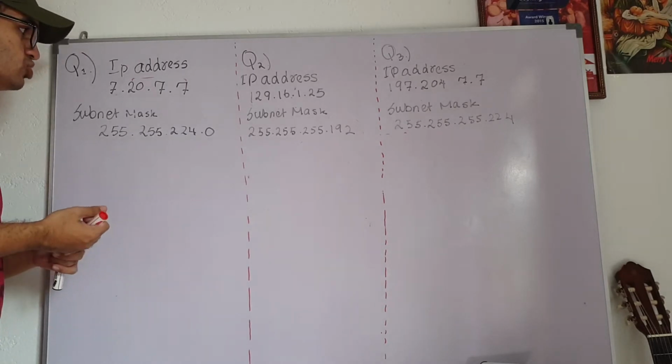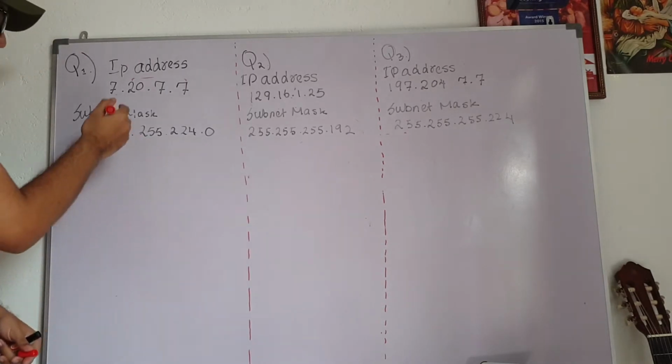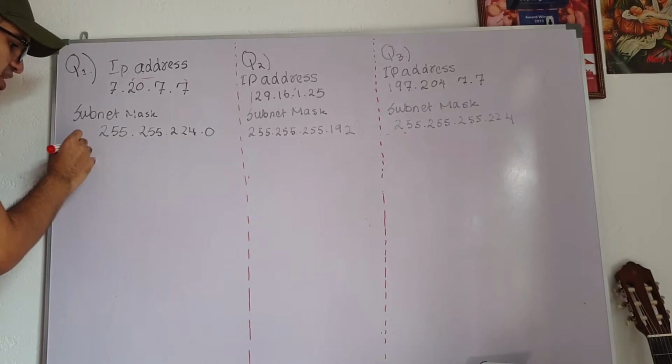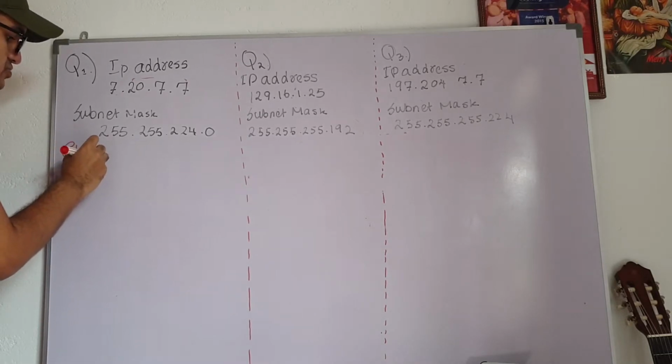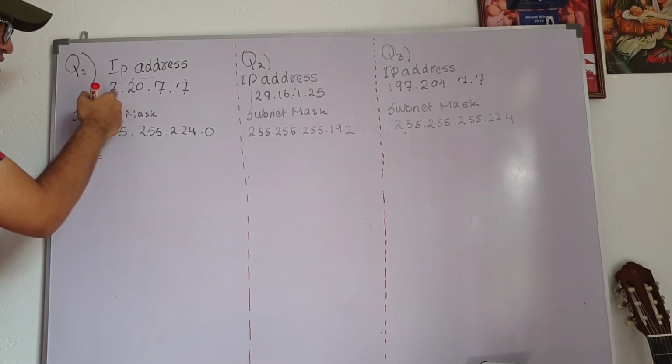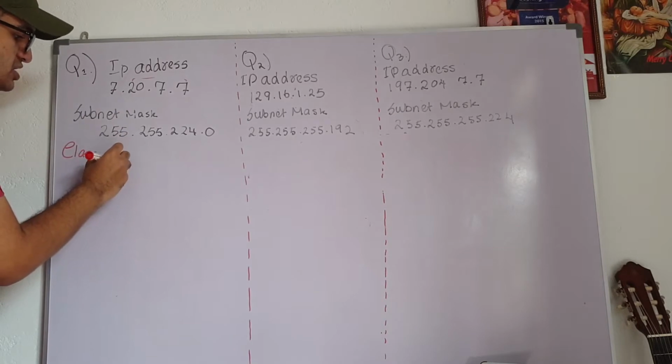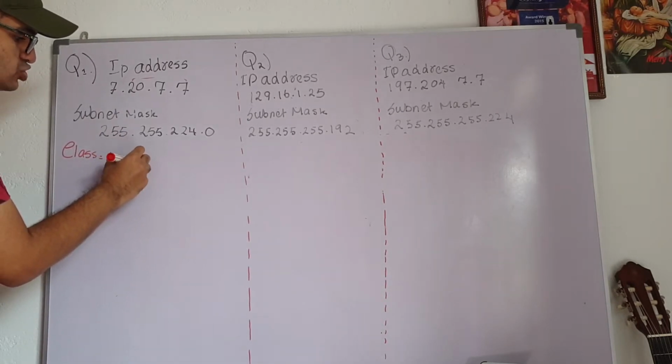First of all, you have to know that this is class A. The reason for that is this range: the first octet ranges from 0 to 127.